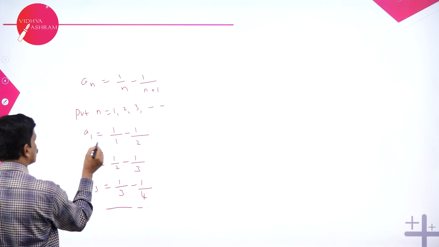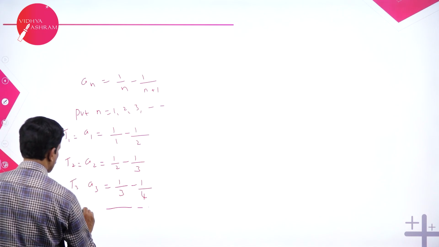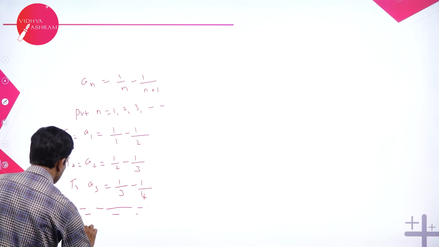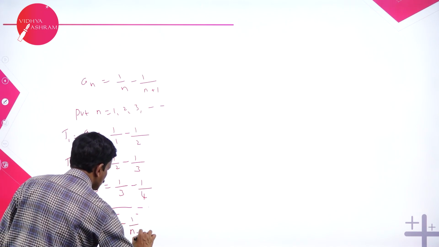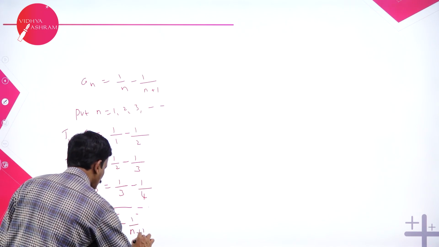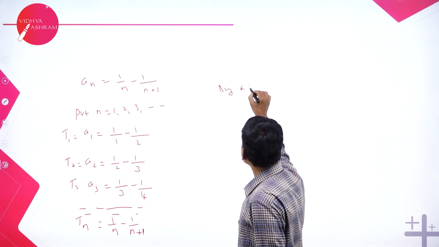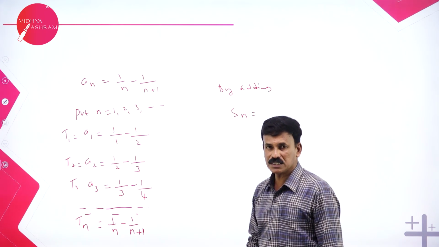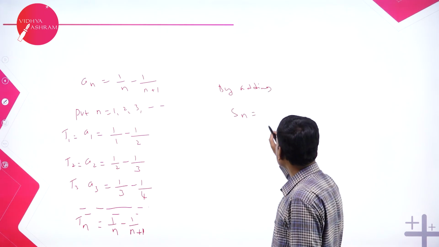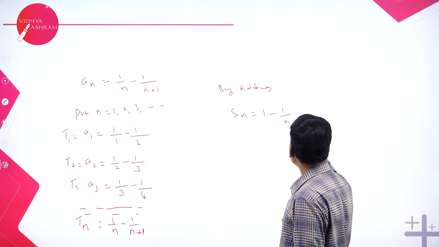These are nothing but the terms, the first term t1, t2, t3, etc. So, the nth term tn is equal to 1 over n minus 1 over n plus 1. Now, by adding all these terms, we get Sn, the sum of n terms, is equal to 1 minus 1 by n plus 1.